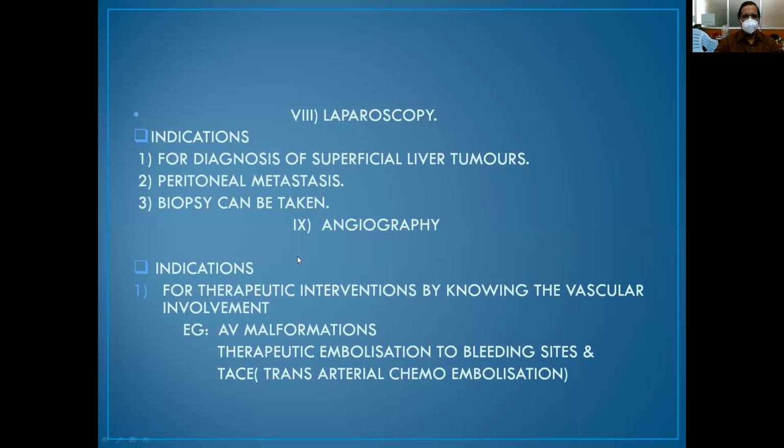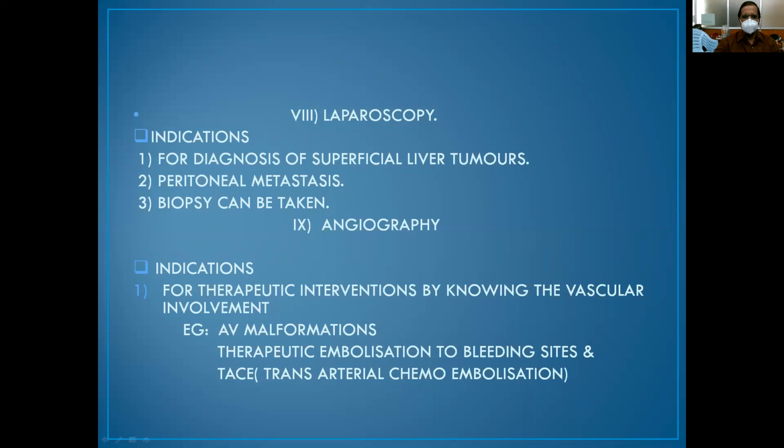And angiography, this is the last investigation, mainly done intravenously to know the vascular involvement. The main indications are when you want to treat arteriovenous malformations, or do therapeutic embolization for bleeding sites, or transarterial chemoembolization for management of hepatocellular carcinoma.